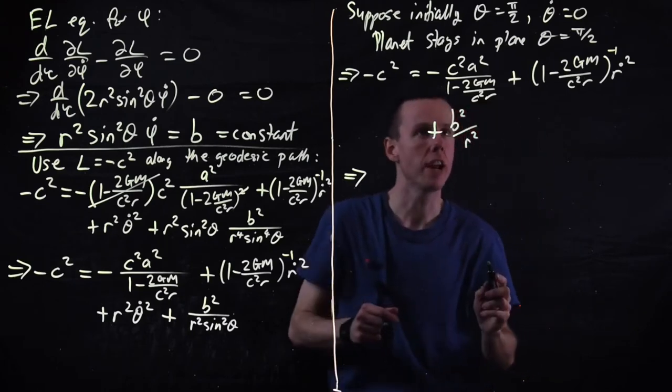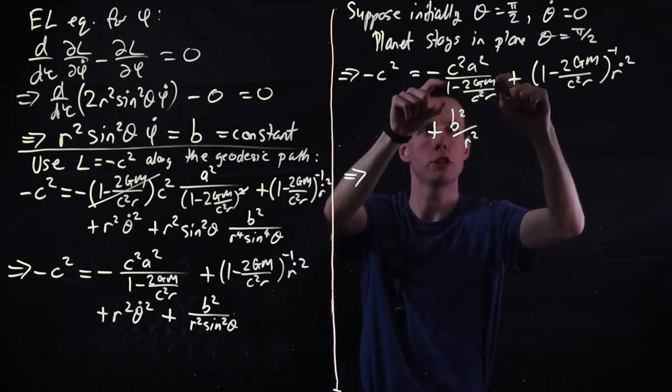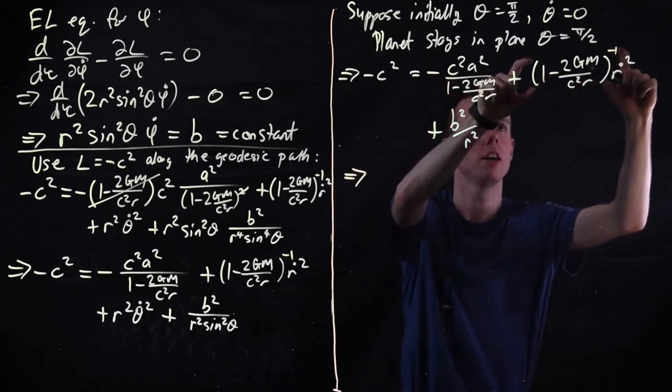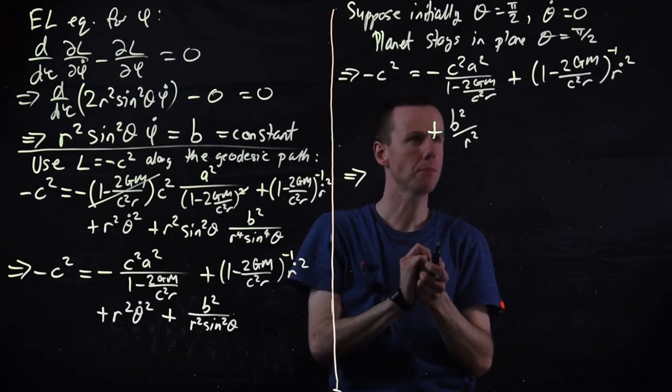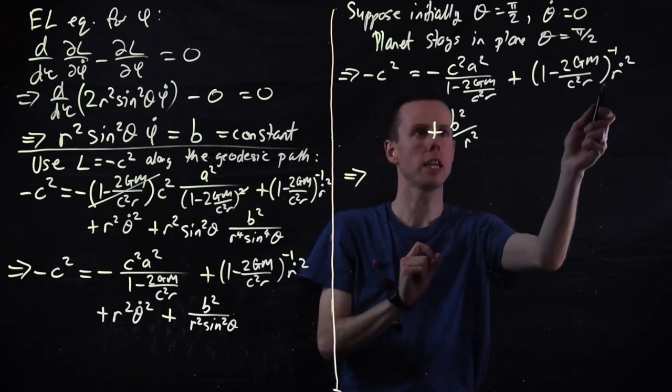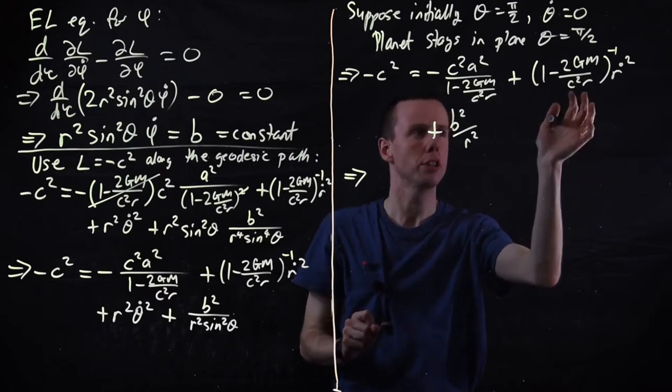So now if I rearrange this entire equation, and look, this factor of 1 over 1 minus 2GM over c squared r, that's the same as that bracket with a -1. So I can bring the r dot squared on its own.